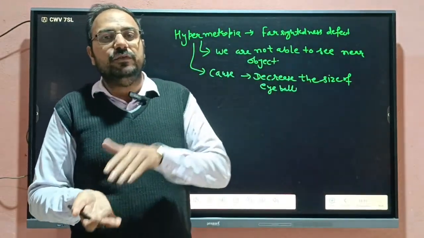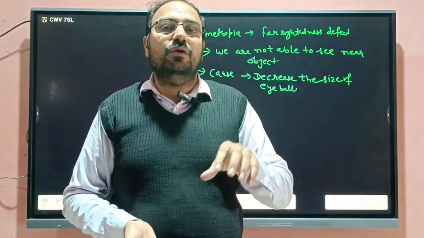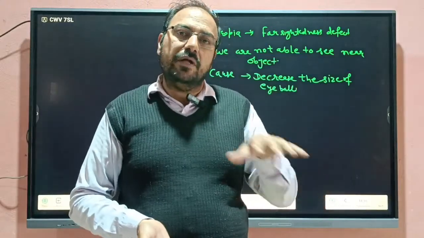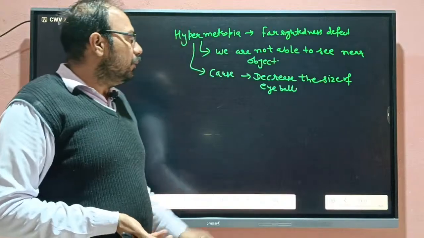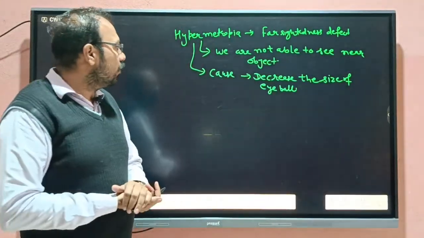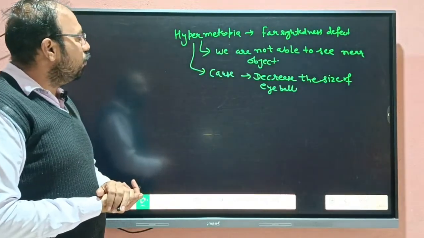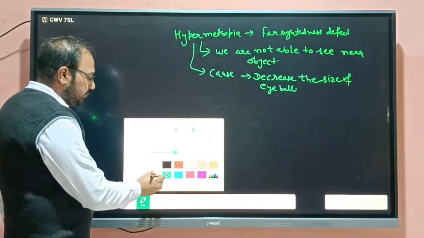If the lens becomes thick, what happens? Then image formation does not take place at the retina. It takes place before the retina. Before the retina means formed where? At the vitreous gel. So how do we correct that? We correct it using a convex lens.